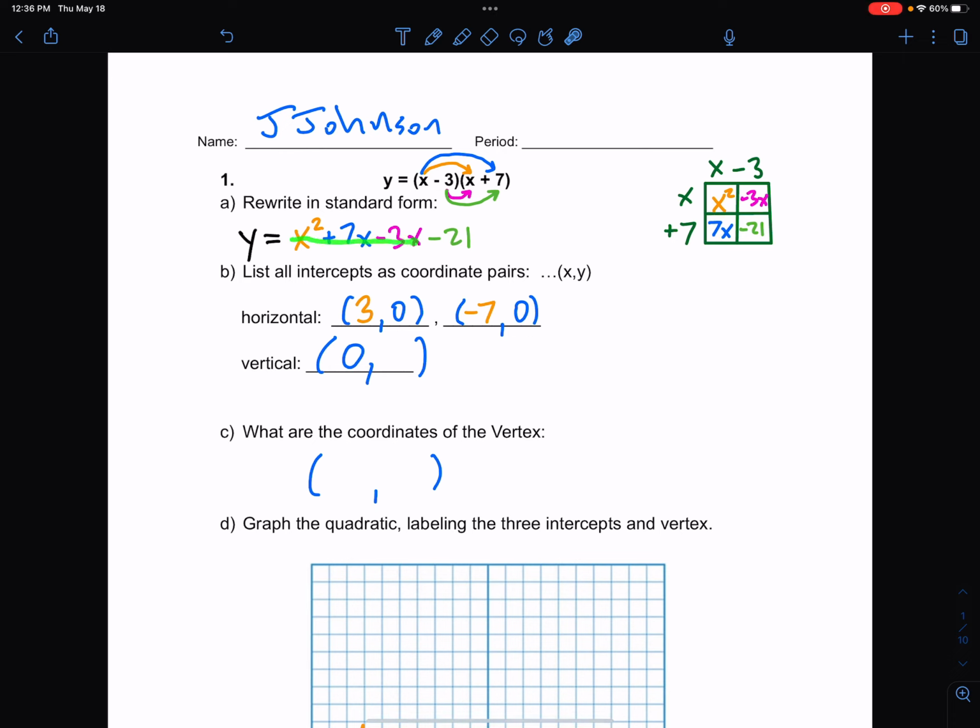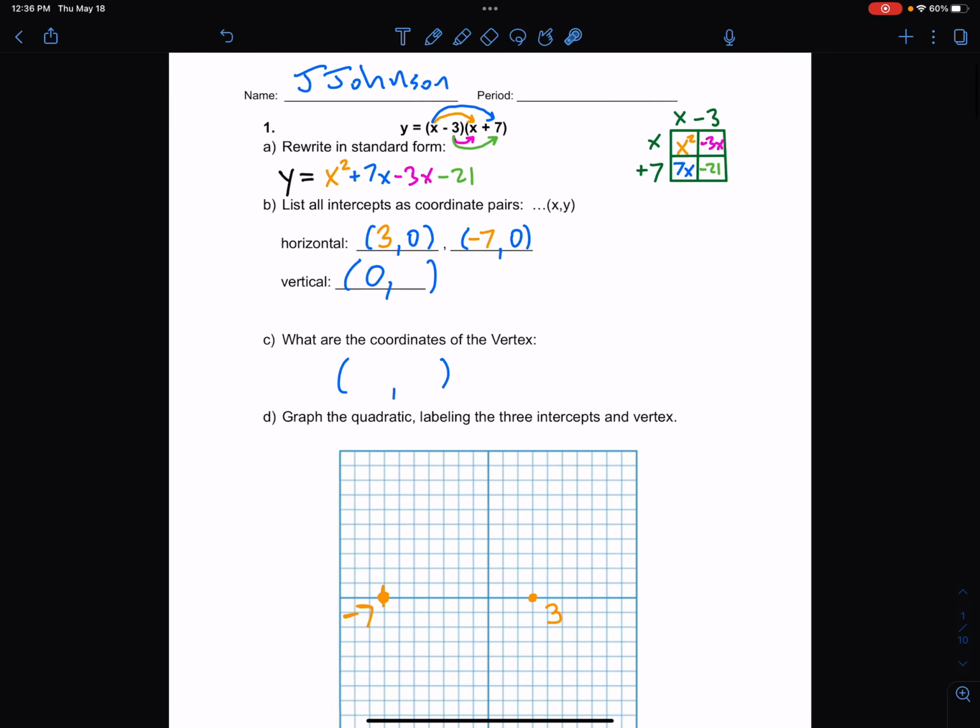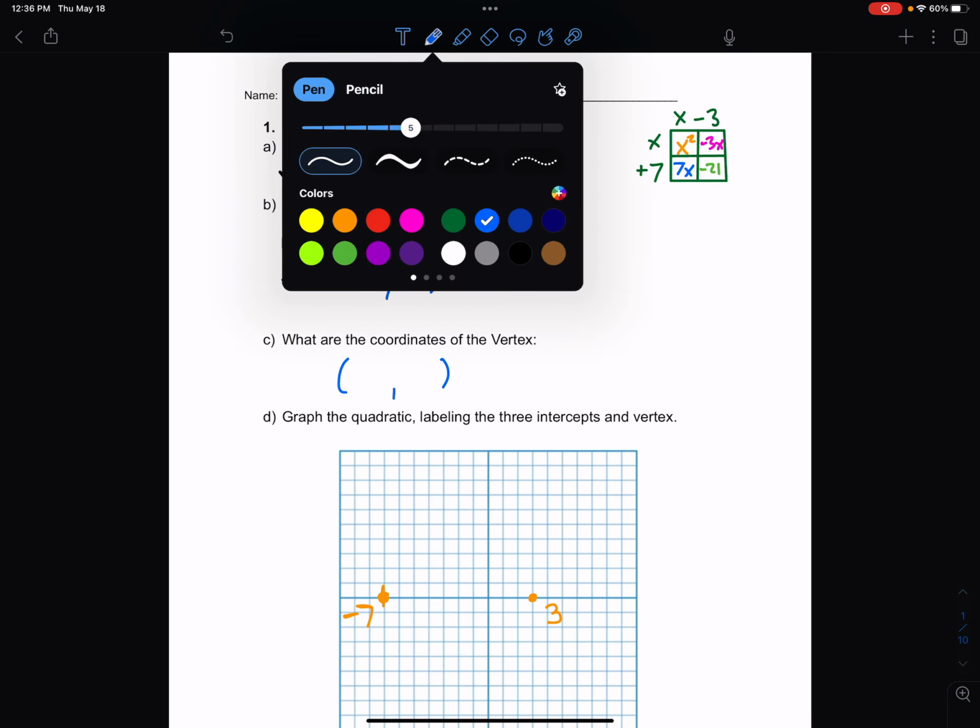All this junk over here becomes 0 when x is 0. And all you got left is negative 21. So whatever that constant term is, negative 21 is our constant term because there's no x there. It's not changing. It's going to constantly be negative 21. That is the y value of your vertical intercept.